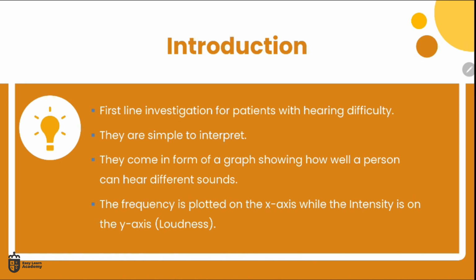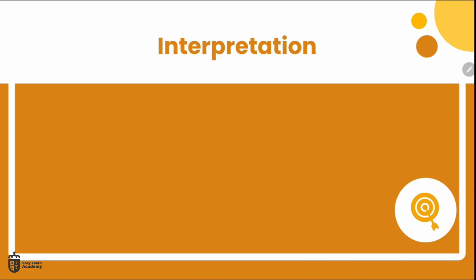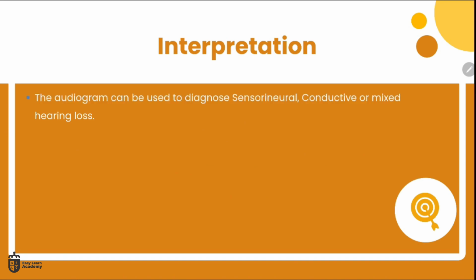And they may assume that you already understand how to interpret an audiogram. And this is why it's good to know how to interpret an audiogram. Okay, so the audiogram will distinguish between sensorineural hearing loss, conductive and mixed hearing loss.